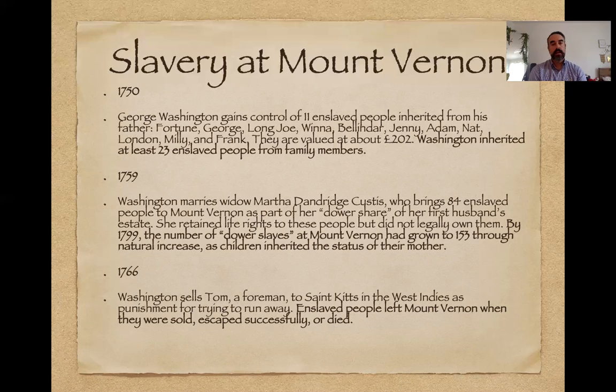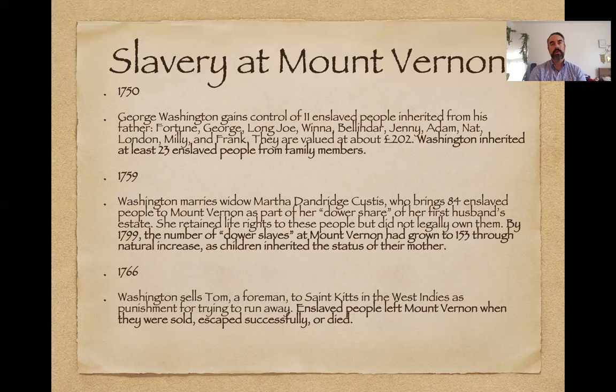Now, this will be something that Washington will pay close attention to throughout his life, because these dower slaves, as they were called, meaning that they were part of the Custis estate, Martha Washington has the rights to these individuals, but doesn't legally own them. The estate does.